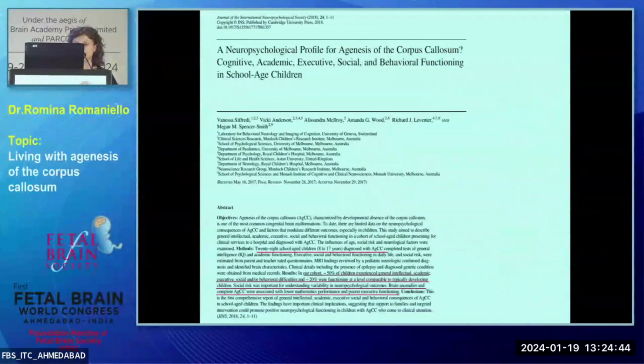The author concluded that half of the subjects had general intellectual, academic, executive, social and behavioral difficulties, and 20% were functioning at a level comparable to typically developing children. Social risk was important for understanding variability in neuropsychological outcomes.